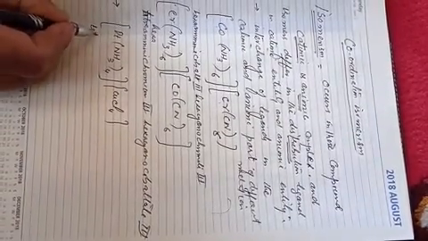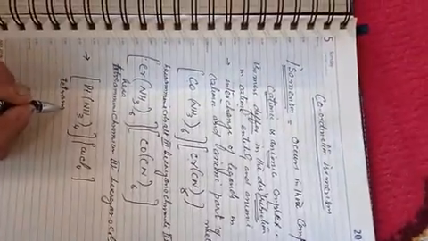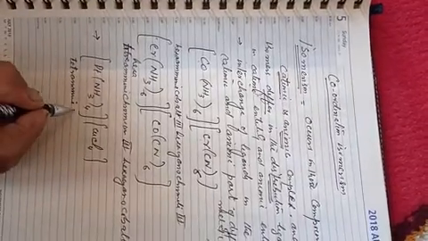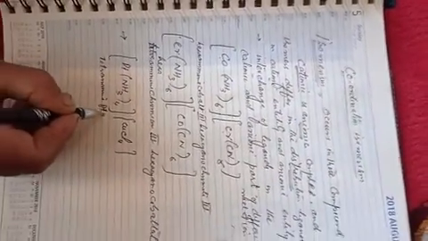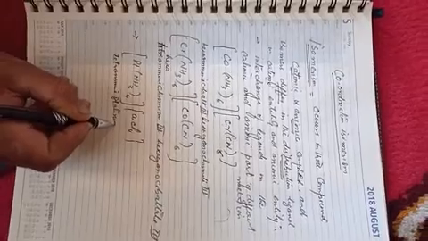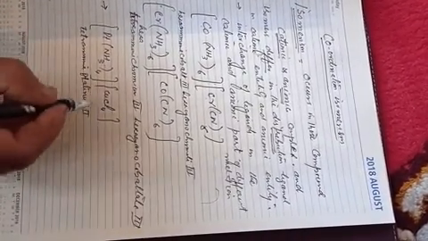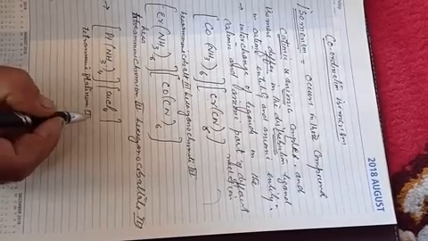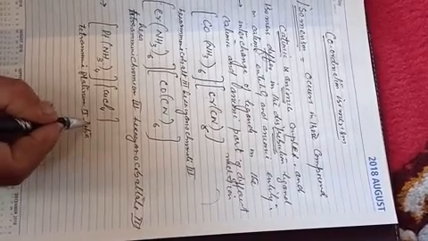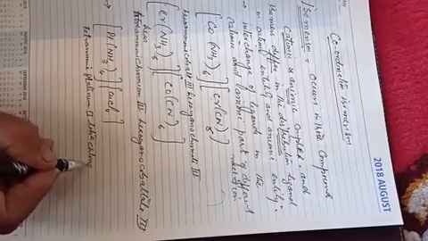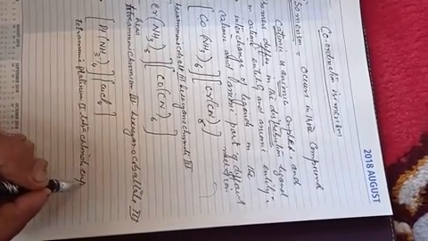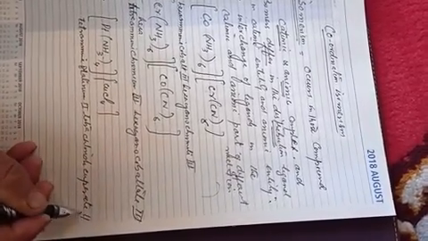So this is tetraammineplatinum(II). This is the cationic part, and the anionic part is tetrachlorocuprate(II).